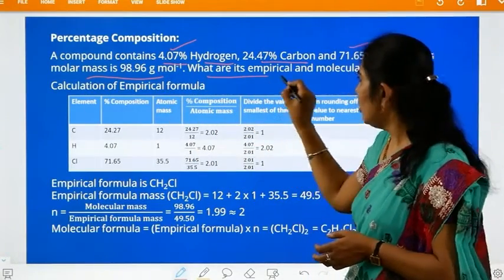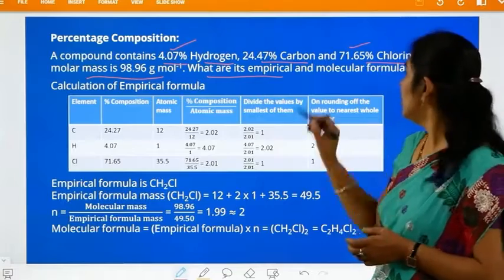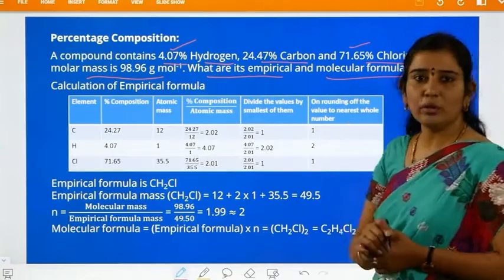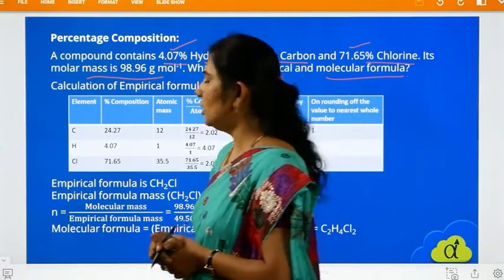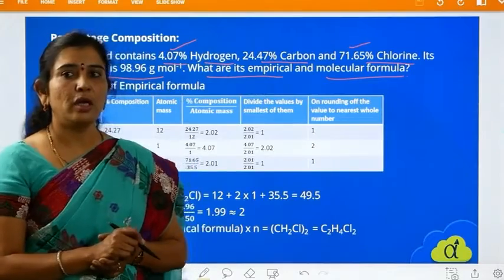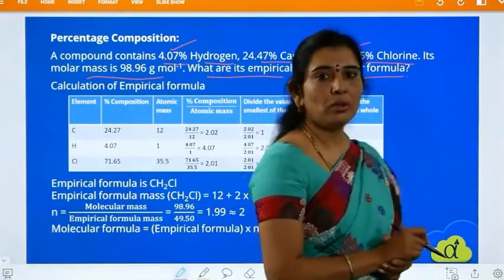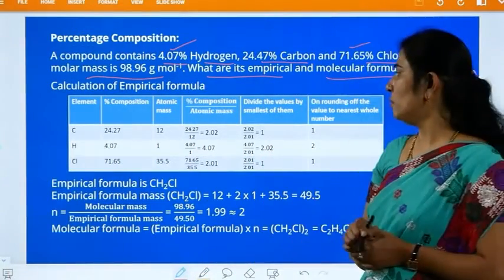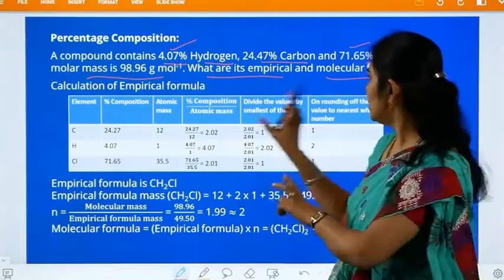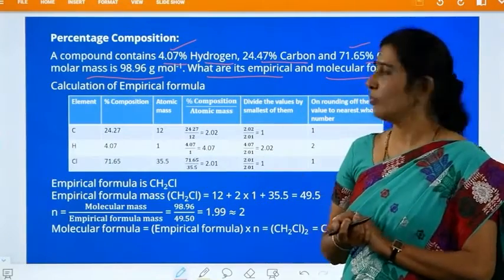So you have to calculate what? The empirical formula, and then later on you have to write the molecular formula. See, first you have to calculate the empirical formula. Like this table, you have to do first.